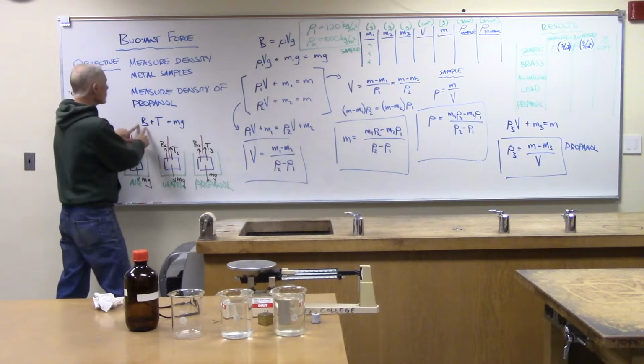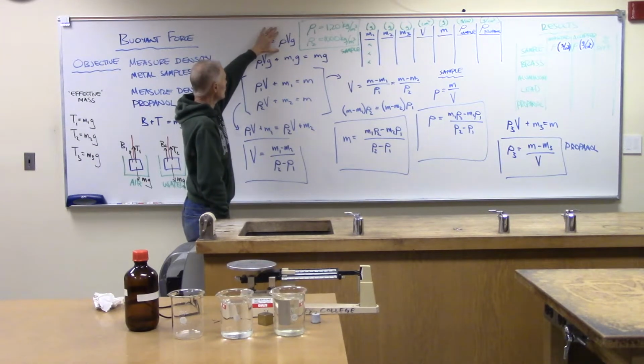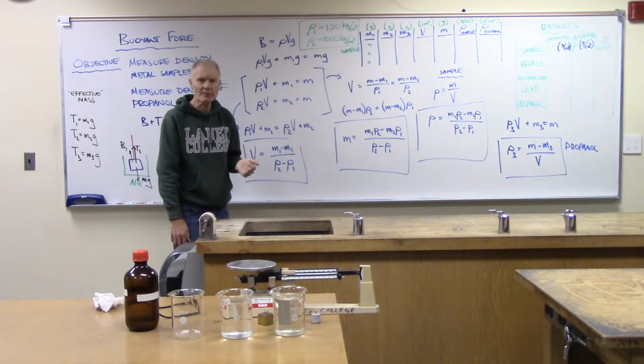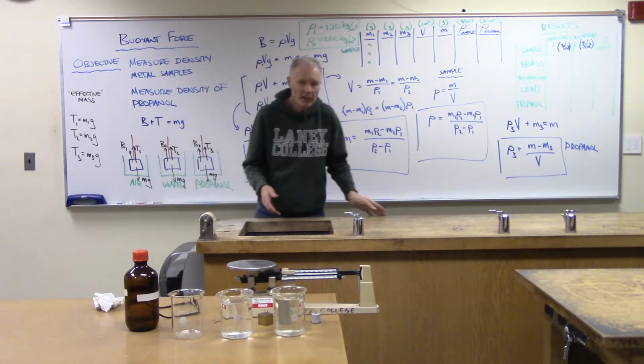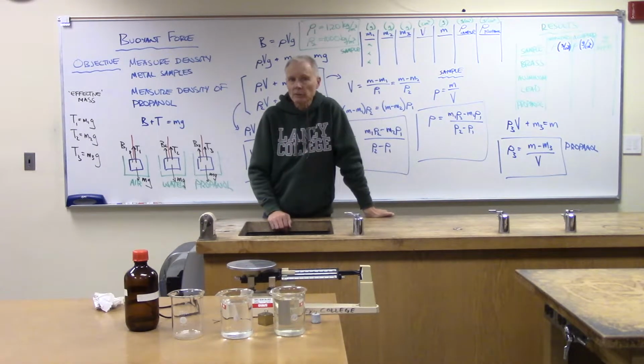Now, the buoyant force we've been talking about in class can be given by the density of the fluid times the volume of the fluid displaced. Now, in our lab today, these objects will always be fully submerged. So the volume of the fluid displaced will be equal to the volume of the objects.